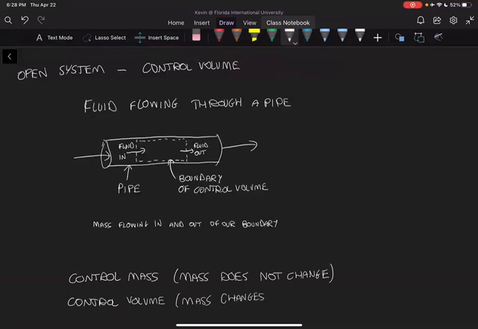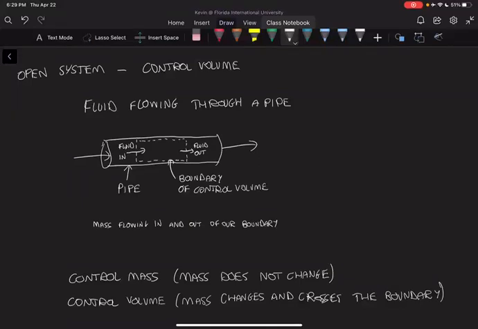And the mass changes and crosses the boundary. Okay, so that's very important. The mass continually changes and crosses the boundary.